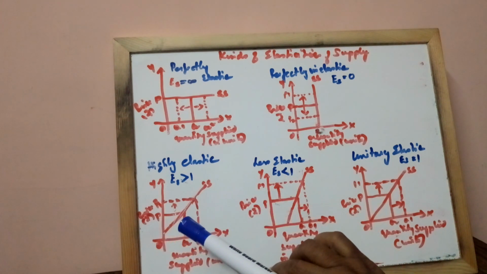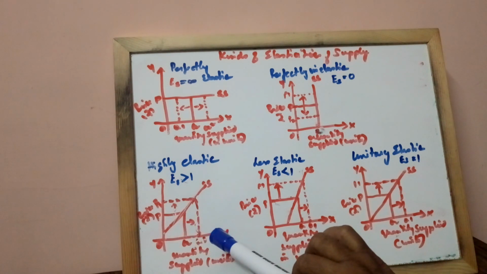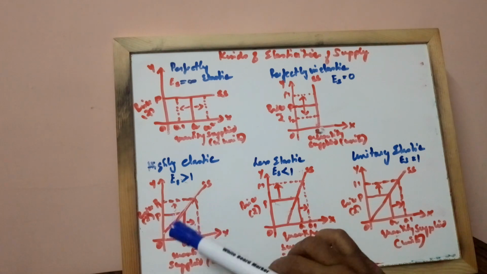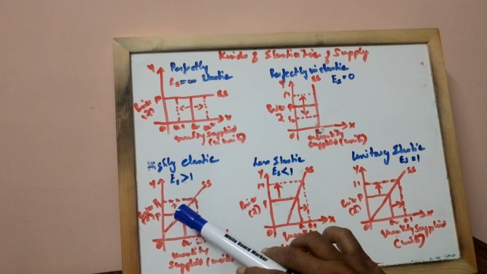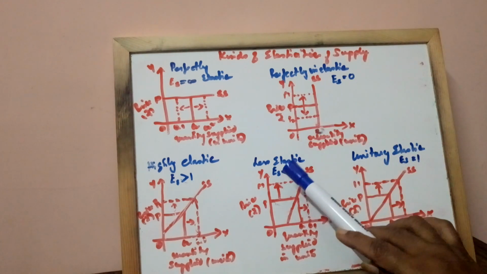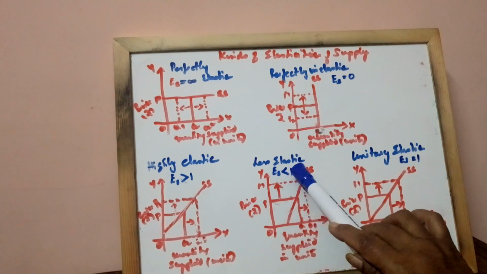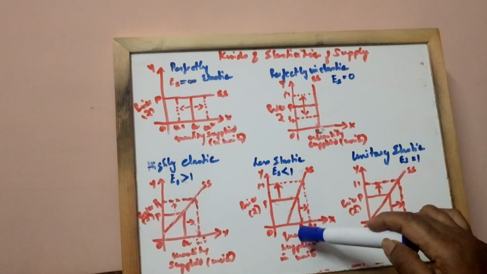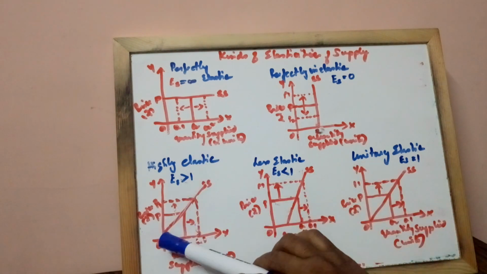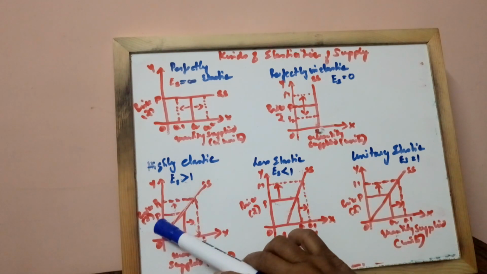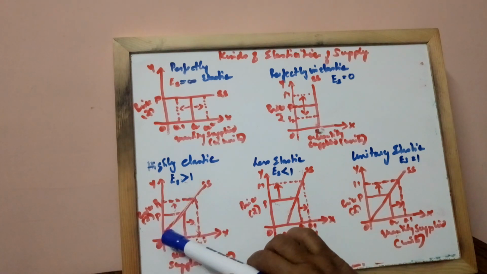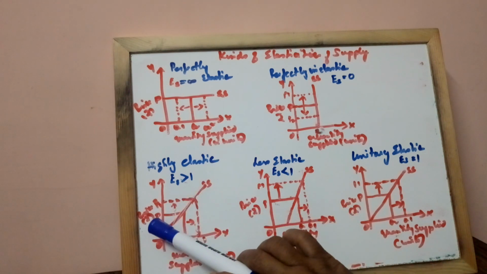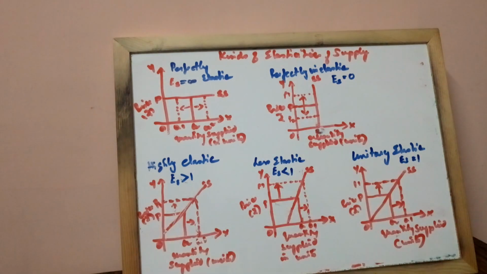So the price difference 15 minus 10 is 5, whereas the change in the quantity, you find, is 100. So the quantity change is more than the change in price. Now, less elastic supply is less than 1. So here they have to follow one more thing: SS intercepts the y-axis. It is not passing through the origin, it intercepts at the y-axis.